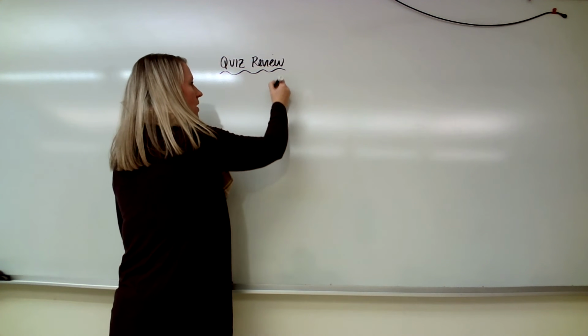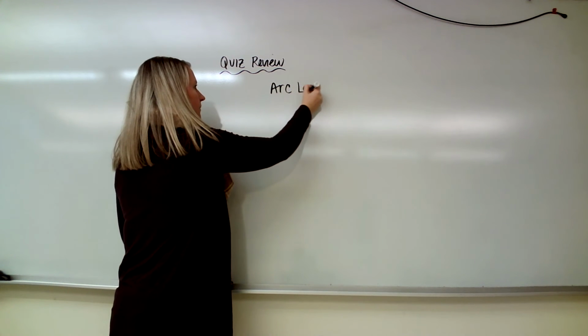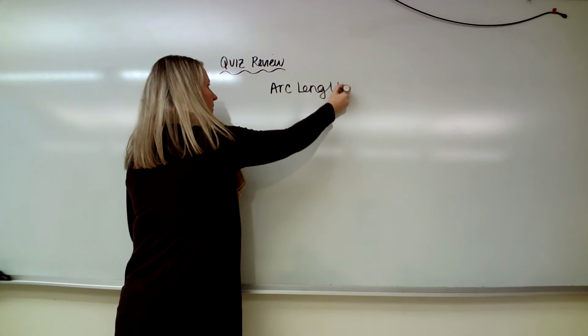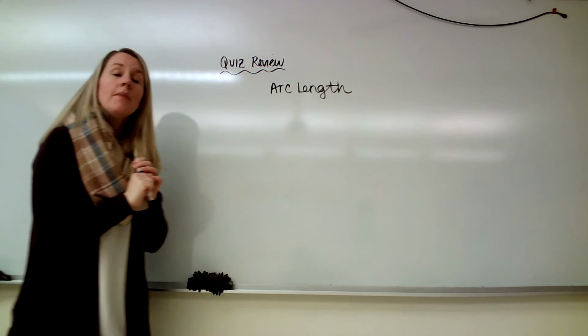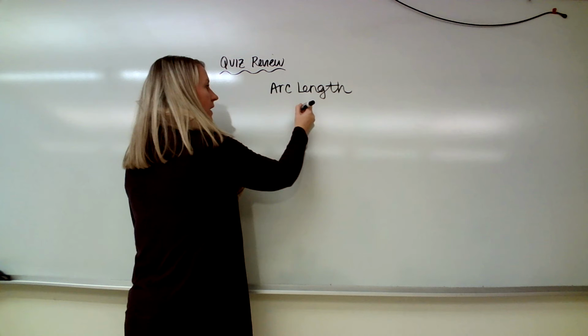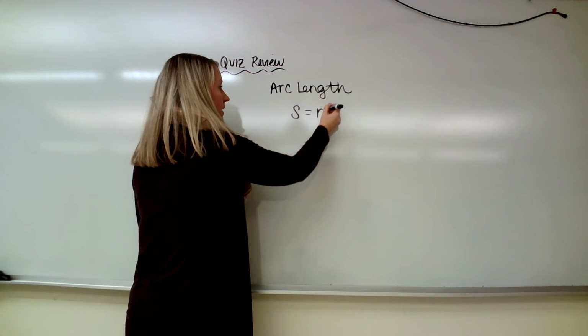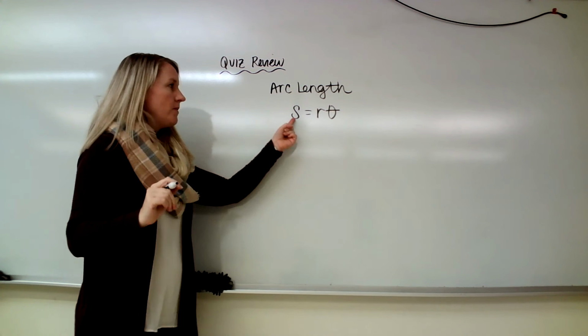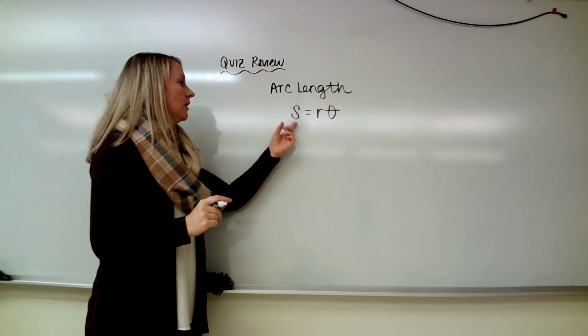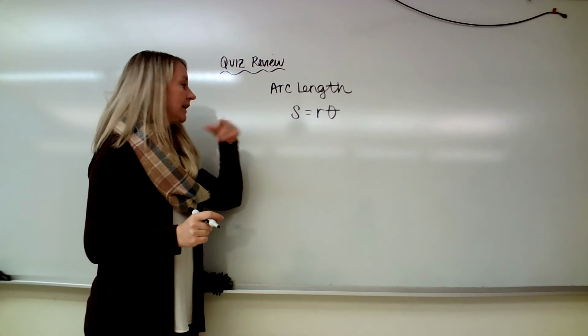Okay, so arc length. It's the equation S equals R theta, so make sure you have that written somewhere, where S represents arc length. Once again, I don't know where the S comes from, but you got the idea.